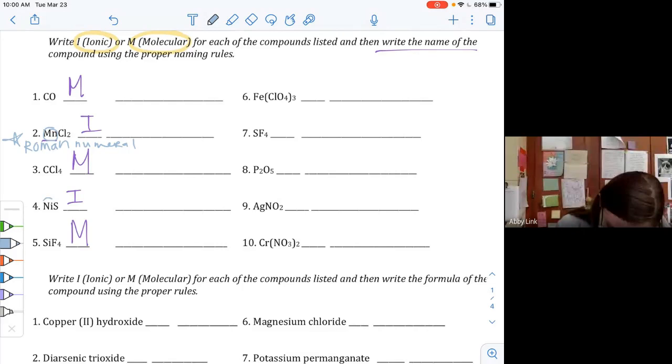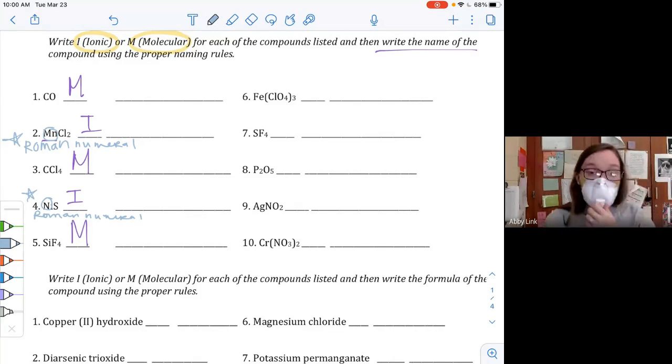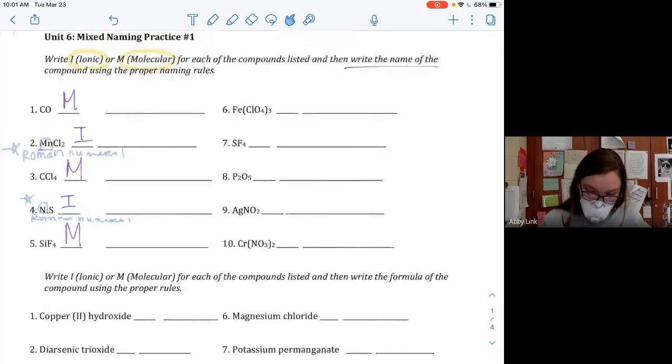Oh, Ni, that is a transition metal, so let me put a star by that because it will need a Roman numeral. If you are spending that time really working through the compounds before you start to jump into naming them, you are going to have a greater success at naming them accurately. Any questions on the process that you're going to take here for identifying if it's molecular or ionic?